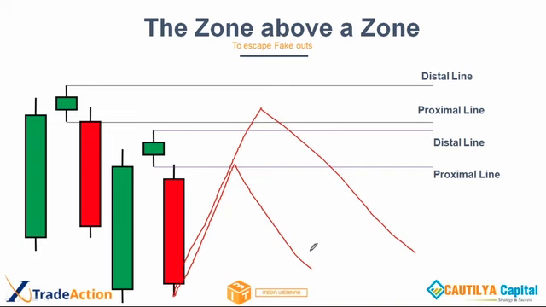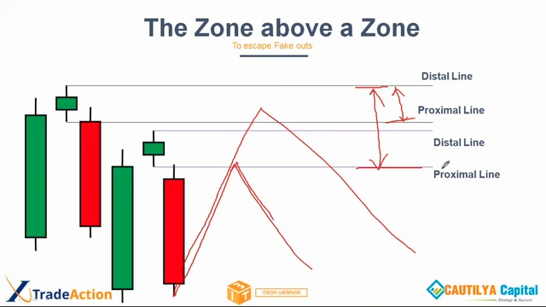There are many times, a significant number of times, you get a zone over a zone like this. So you can see some people take this proximal line with the biggest distal line for entry. Some people take this proximal line. It is all individual choices. Okay, and remember friends, there is every chance that price can be like this also.